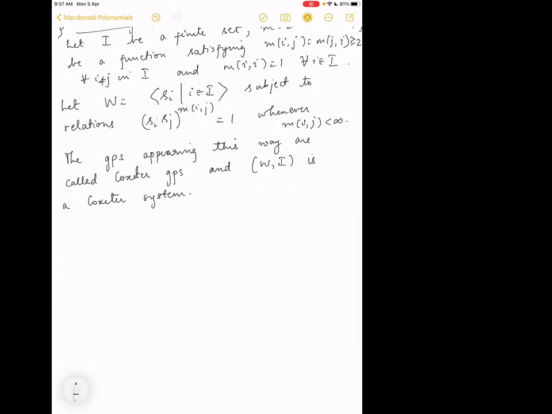And so note that the generators s_i satisfy s_i squared is 1.